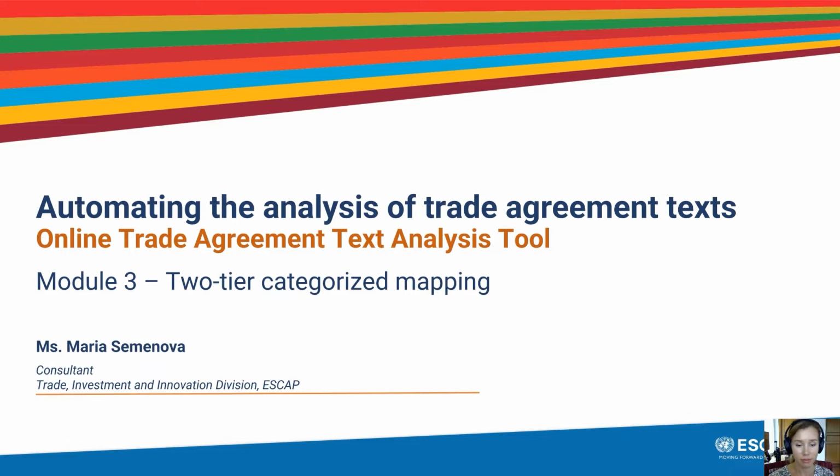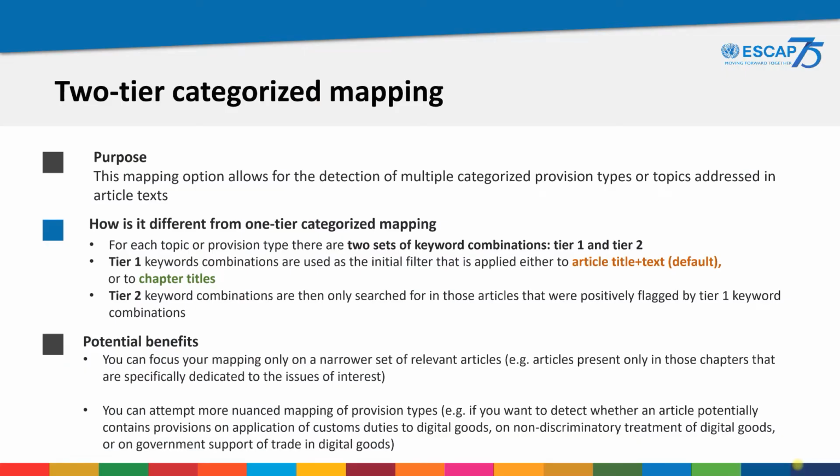Let's dive into it. Similarly to the one-tier categorized mapping that we reviewed in Module 2, this mapping option also allows to map multiple categorized provision types or topics addressed in articles of trade agreements. The difference is that each topic or provision type is to be coded with two sets of keyword combinations, Tier 1 and Tier 2.